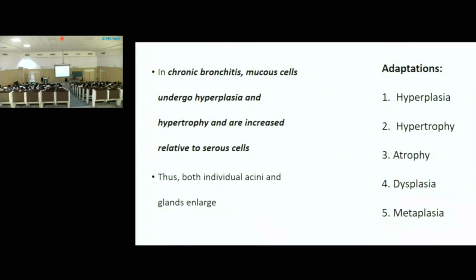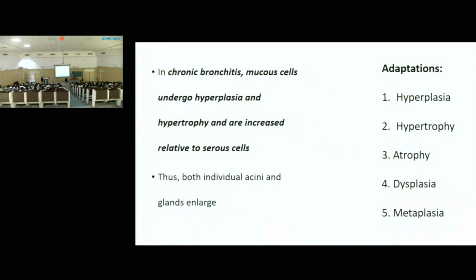So the number of submucosal glands will increase. That leads to an increase in secretions. Where will those secretions ultimately come? They will come into the lumen, and these secretions cause obstruction in the airway. That leads to the patient having cough, dyspnea, and decreased saturation over a duration.